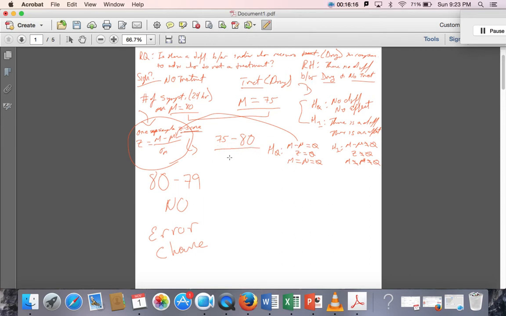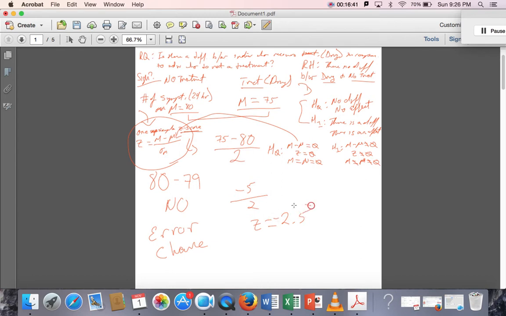And here I'm going to give you the standard error, and we're going to say the standard error is equal to a value of 2. So if we take 75 minus 80, which should give us negative 5, our numerator is negative 5, divide that by a value of 2, we now find that my z-score is equal to 2.5.